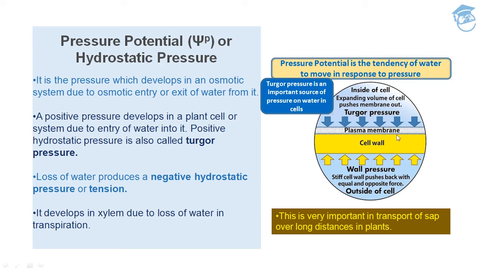See, this is the plasma membrane, this is the cell wall of a plant cell, and this is the turgor pressure which the cell applies from inside, and thus it expands the volume of the cell and pushes the membrane out. And this is the wall pressure that is applied from outside on the cell wall, and a stiff cell wall pushes back with an equal and opposite force. So this is very important in transport of sap over long distances in plants.